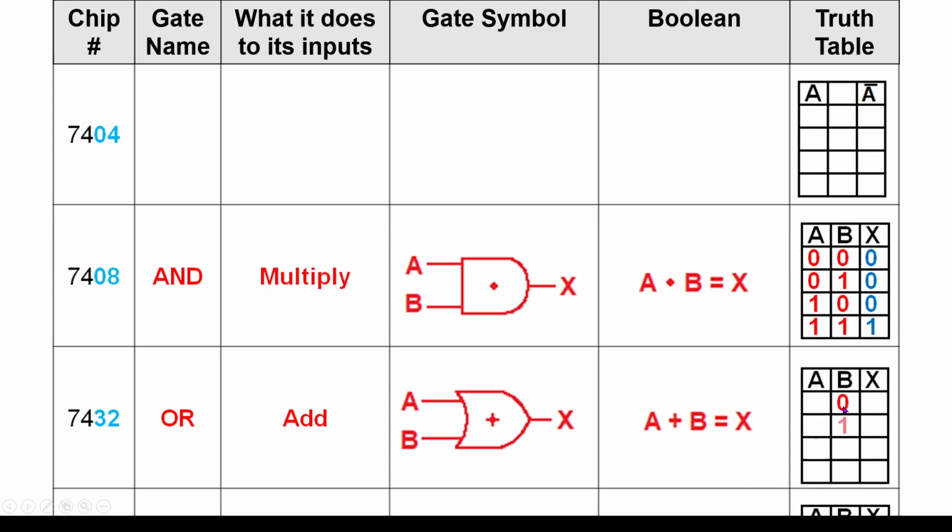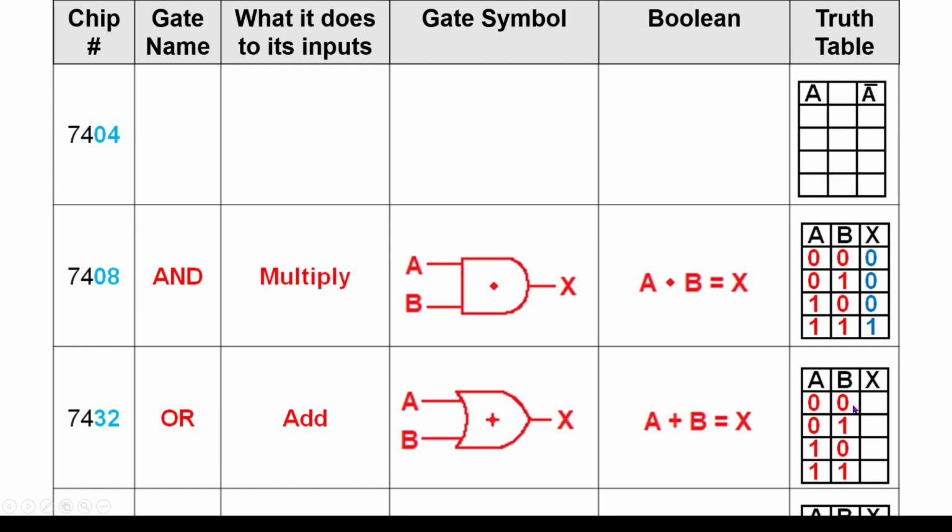The 1's column changes every one time, and the 2's column changes every two times. If we had a 4's column, it would change every four times. If we had an 8's column, it would change every 8. The binary pattern is 1, 2, 4, 8, 16, 32. It doubles every time. When we get into binary counting and binary number systems, you'll see that. But we don't need to worry about that right now.